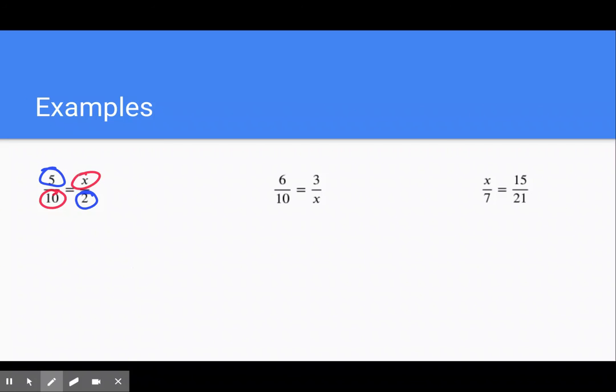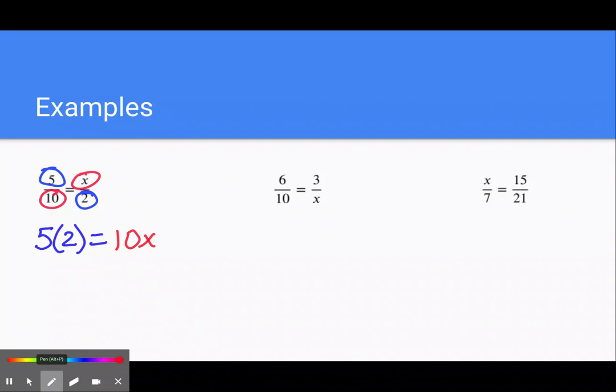So I'm going to take the two blue, and basically I'm going to write myself an equation. 5 times 2 equals 10 times x. Well, you already know how to solve this because we've been working on these for a while.